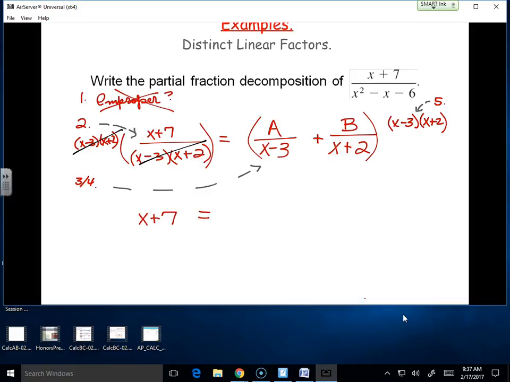We're left with just x plus 7 on the left side. On the right side, this whole shebang needs to go to everybody. So, times A over x minus 3. Hopefully you won't have to write this every time, but just to make sure you guys understand the process, I'm writing it the long way the first time.